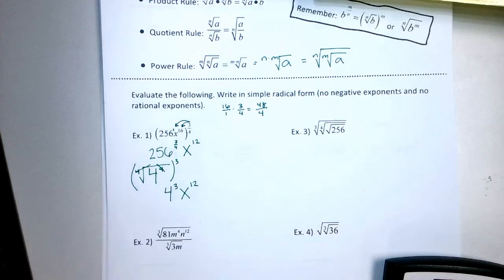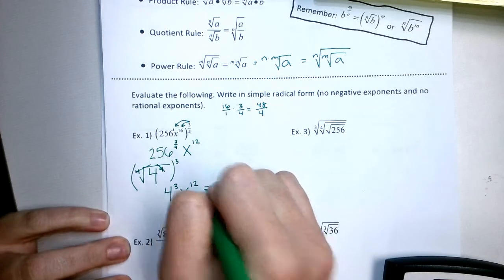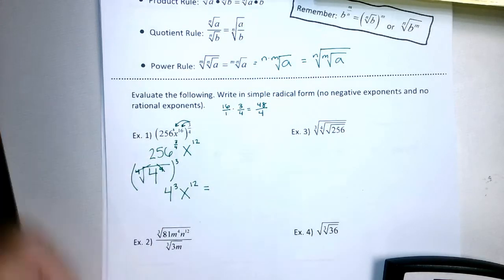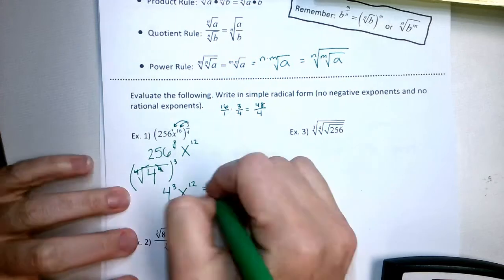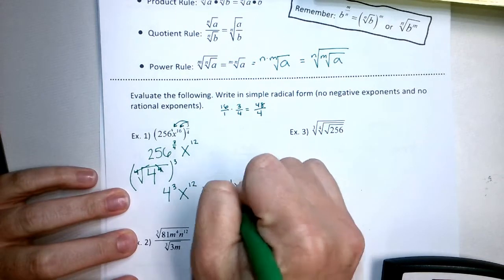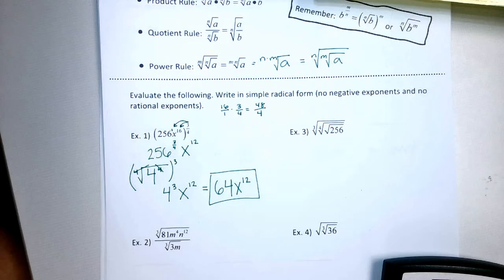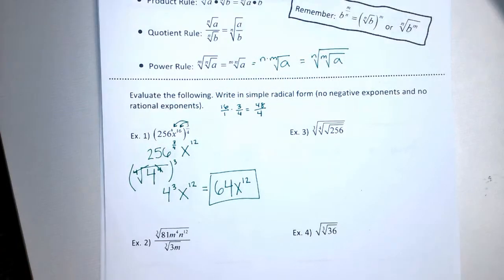So how can I simplify that? We can't simplify x to the 12th, but can we simplify 4 to the 3rd? So we get 64x to the 12th power. Yep. Okay. You good? Okay.